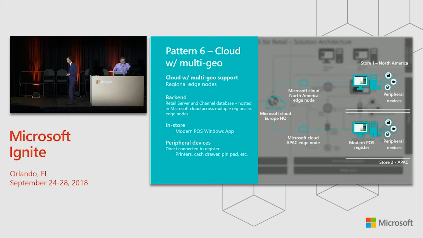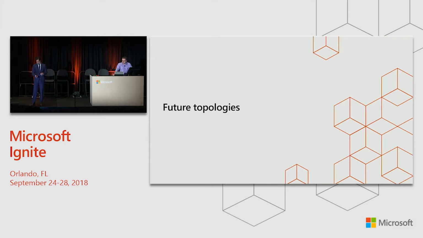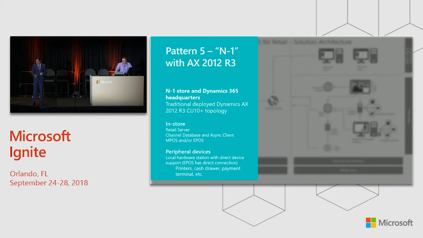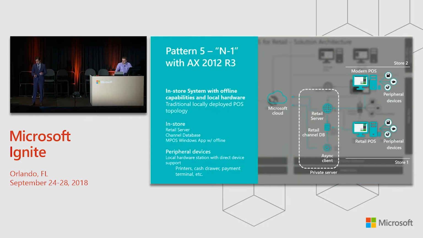Awesome. Another question here? Great question. The question is, what will be the composition of the edge components, basically? So the edge components, if I go back a couple of slides to the component diagram, you see we have retail server, channel database, and async client, these components, and also cloud POS.